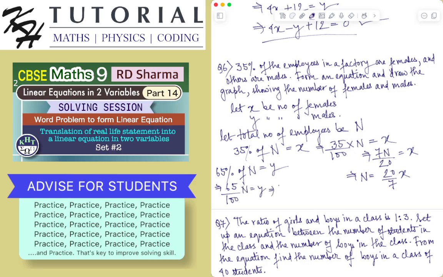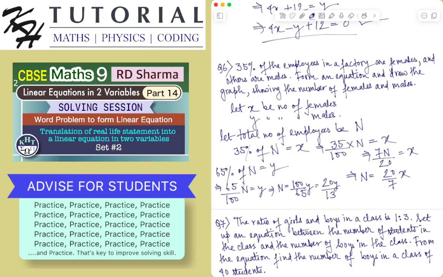This implies N is equal to 100 by 65 y, which is 20 by 13 y.